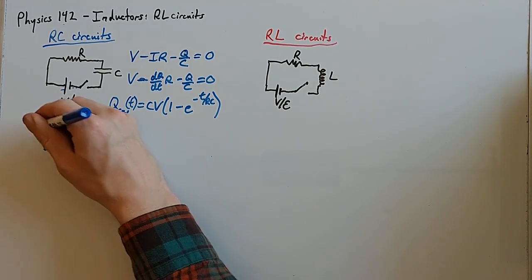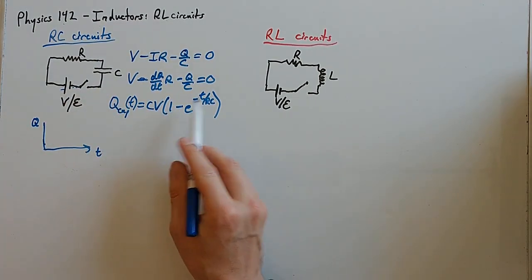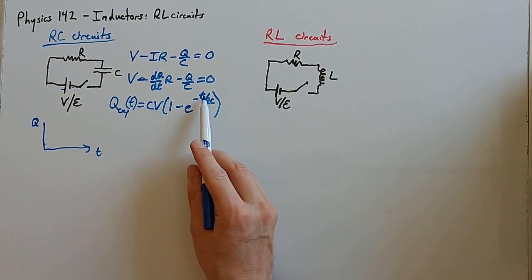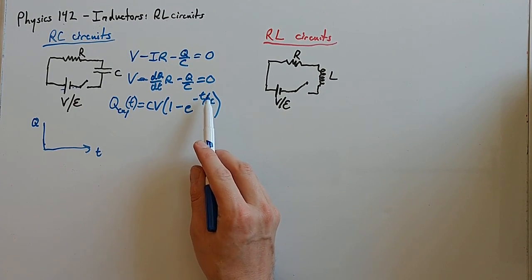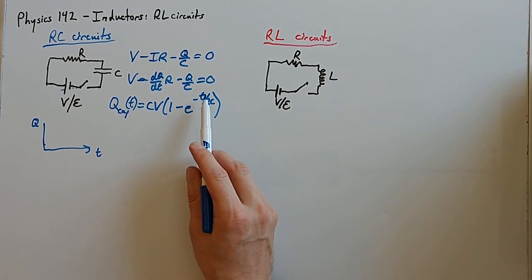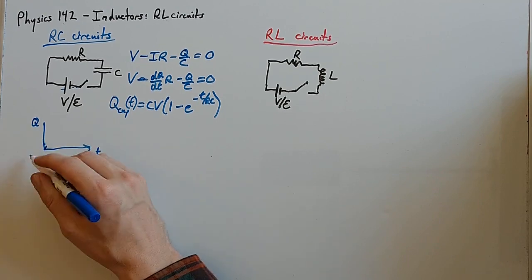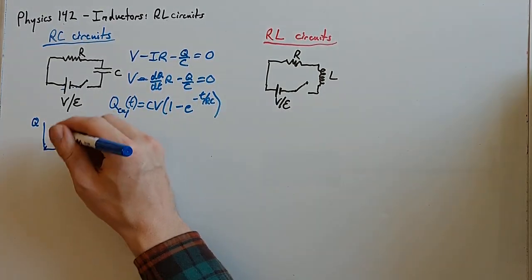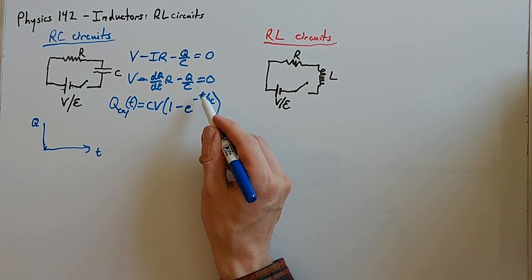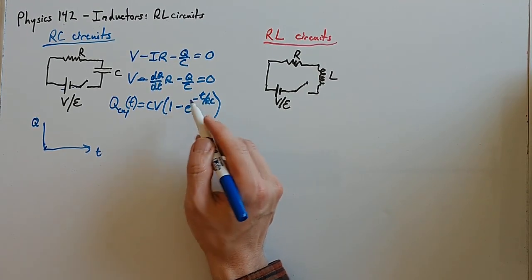And we've got time versus charge. Basically what this says is if you're at time equals 0, you have e to the 0, and e to the 0 is 1, so 1 minus 1 means you have no charge. But then over time, eventually you'll get to e to the minus a very big number, which is basically 0.